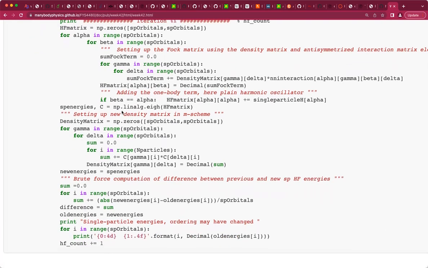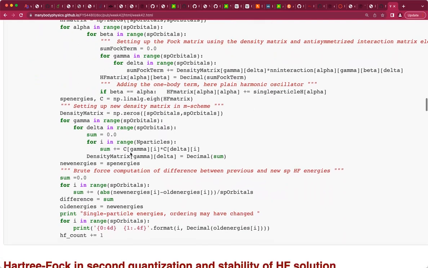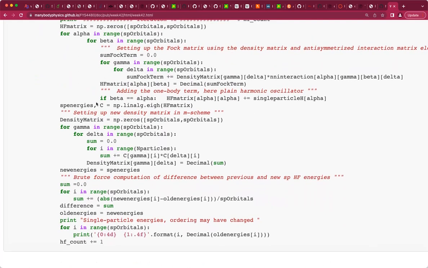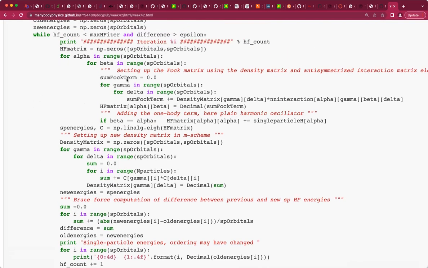And then you simply run over this, set up the density matrix, and then a new density matrix after you've diagonalized. You now set up the single particle energies and find the coefficients or the eigenvectors by diagonalizing. And then you define a new density matrix, which is now containing the new coefficients. Then you have the new density matrix, and that goes back up here and enters the calculation here.